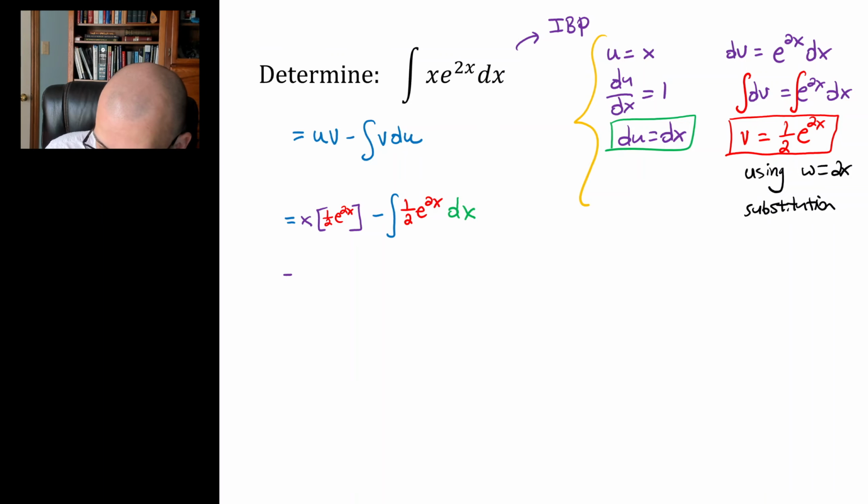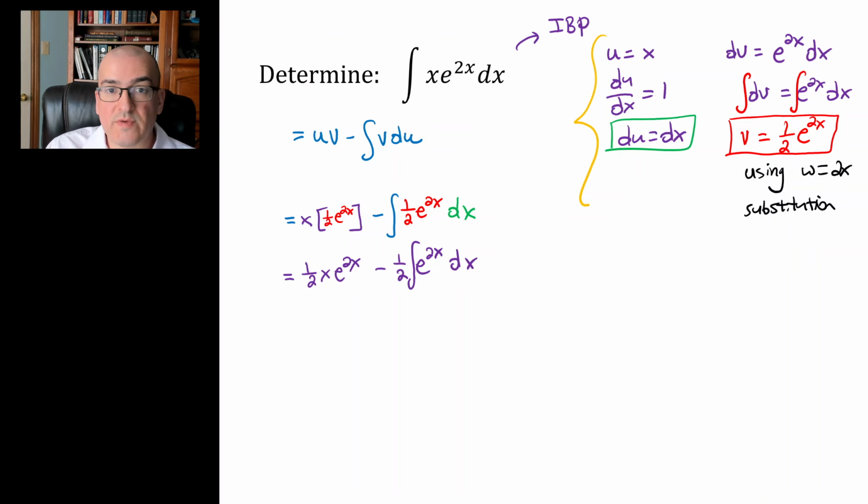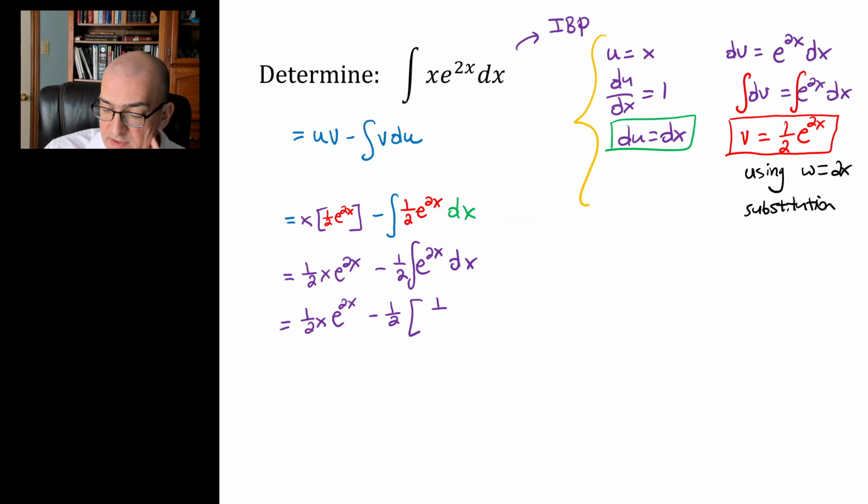And we can simplify: 1/2 x e to the 2x minus 1/2 the integral of e to the 2x. And we can use w equals 2x to do that second integral. But pause for a second. Look at the new integral that's been created on the right-hand side, where we have the integral of e to the 2x compared to the integral of x e to the 2x. So we made it simpler. We made a better integral. So 1/2 x e to the 2x minus 1/2 times the antiderivative of e to the 2x, 1/2 e to the 2x, plus c.